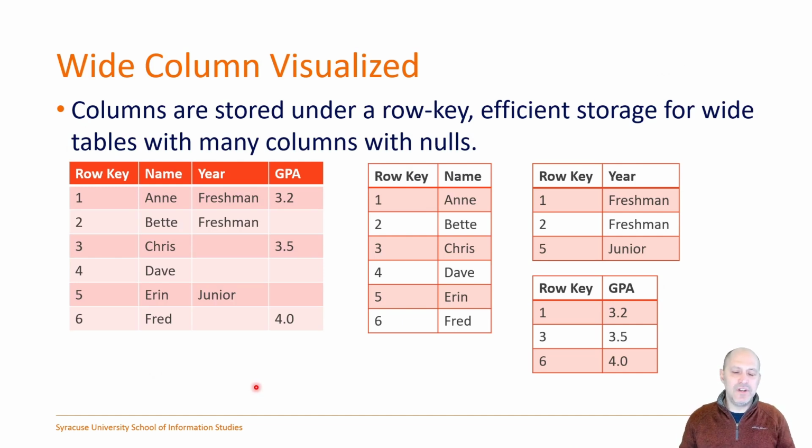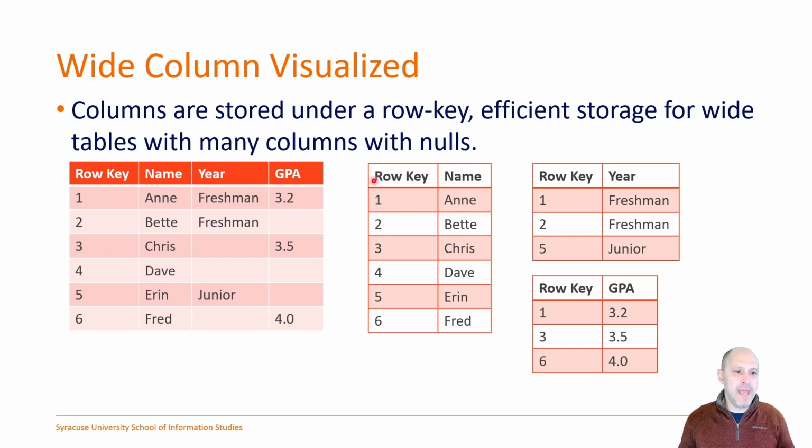So here's a visualization of how wide column works. Here's a table, and this table is like any other relational table. And if this were stored in a row-oriented database, it would be stored a lot like the way you see it here. Okay, we would be storing this, then the next thing in the file would be this, then the next thing in the file would be this, etc. The way a wide column database stores this same table is it would store a table for each column.